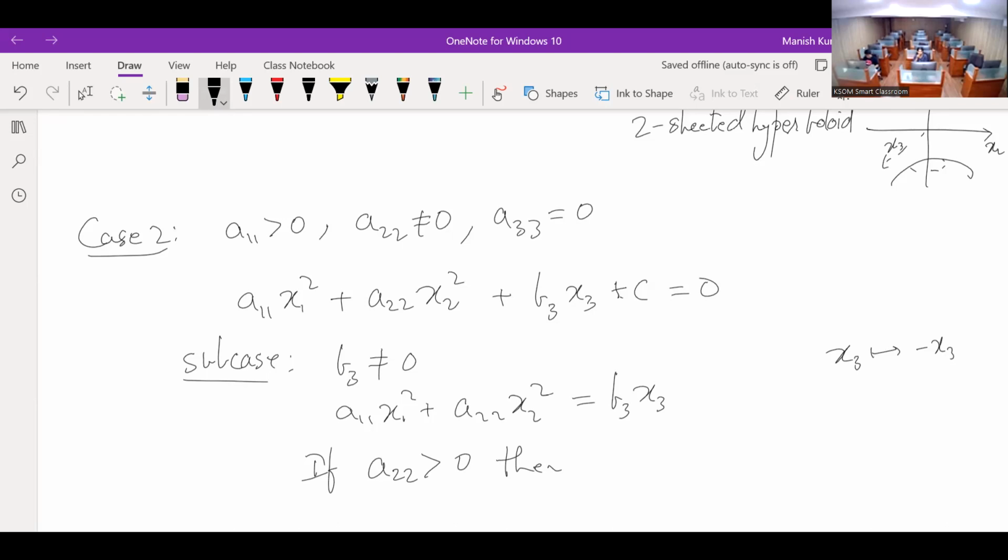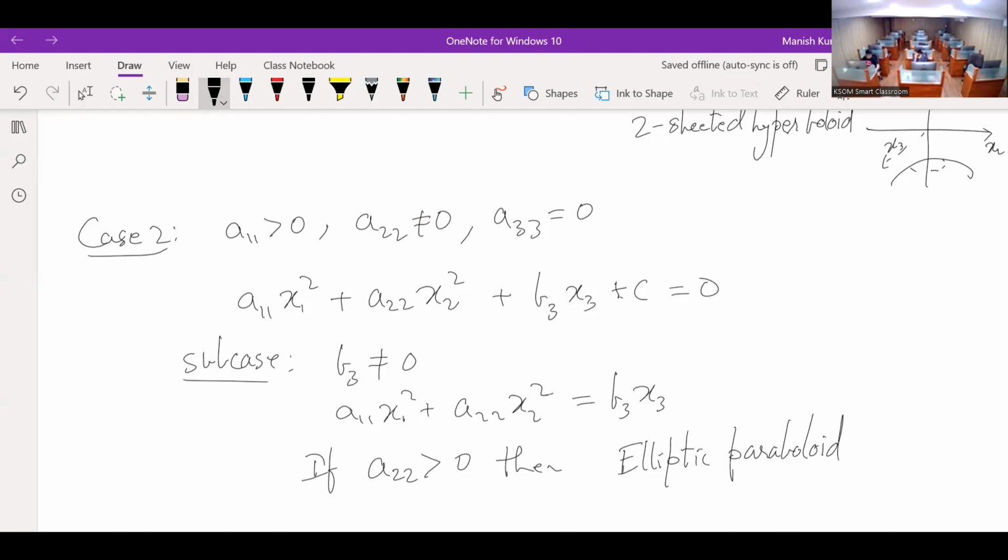So let's keep B3 as it is so that there is no confusion. For each positive value of B3 x3 it will be an ellipse, for each negative value it will be an empty set. So what you get is an elliptic paraboloid. Elliptic paraboloids.